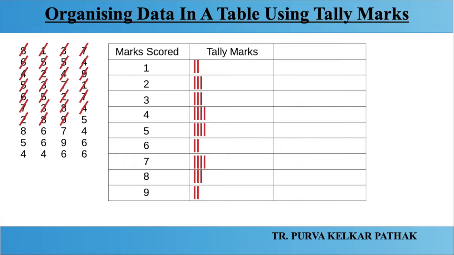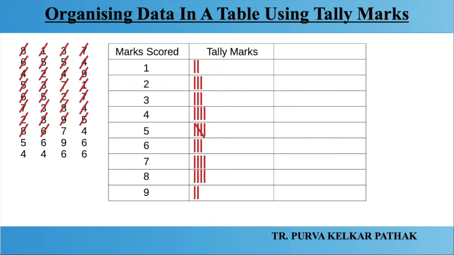First, we strike out the score 5 and now we cross the first 4 tally marks against 5. This is our fifth tally mark. Then we strike out 8 and put a tally mark against 8.